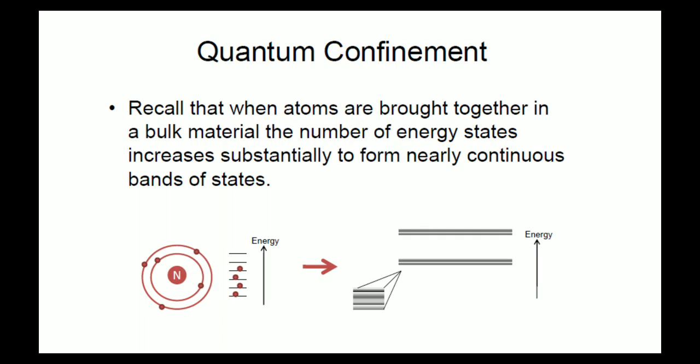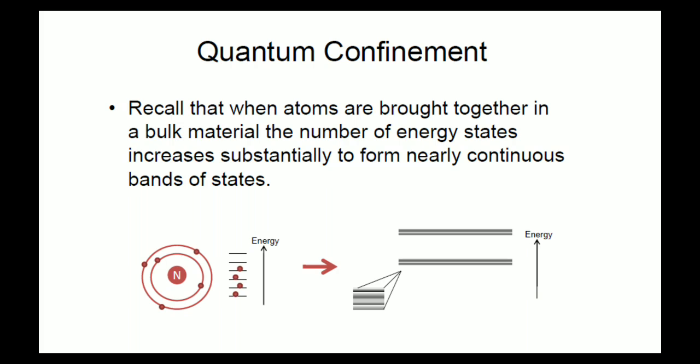So in the last couple of lectures, we tried to understand why the 1 to 100 nanometer range is important and why it is important to study nanoscience and nanotechnology.